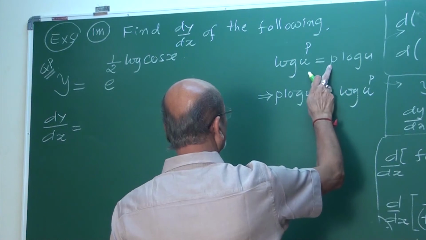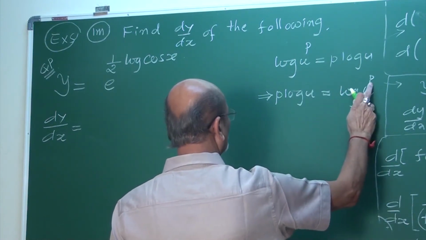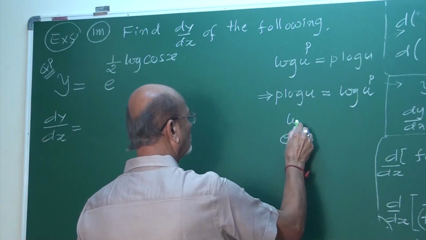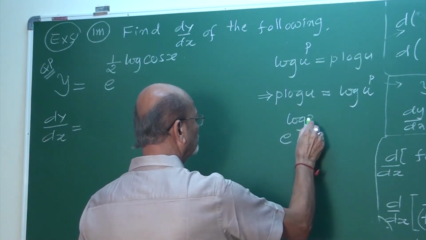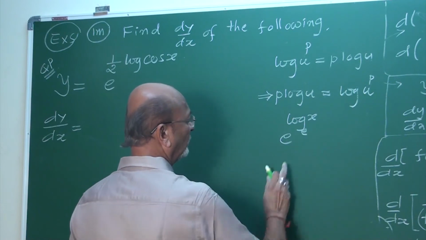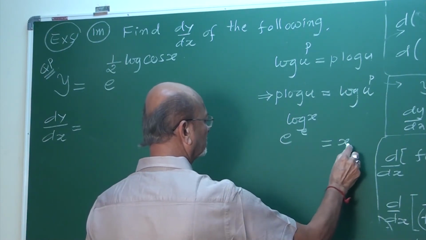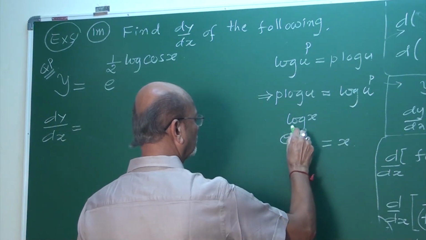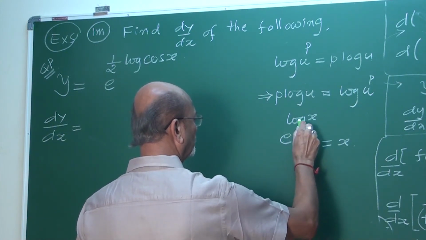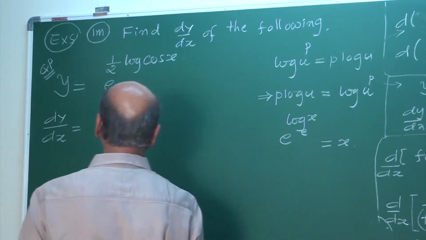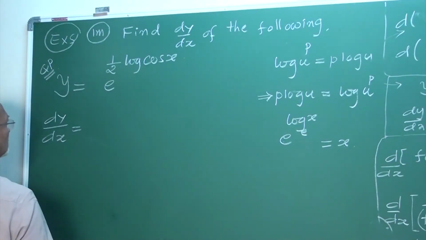Power is coefficient, coefficient is power, rest is same. Another one, e to the power log x to the base e. When the base is not written, log x itself is x, my friend. They are reciprocal to each other.